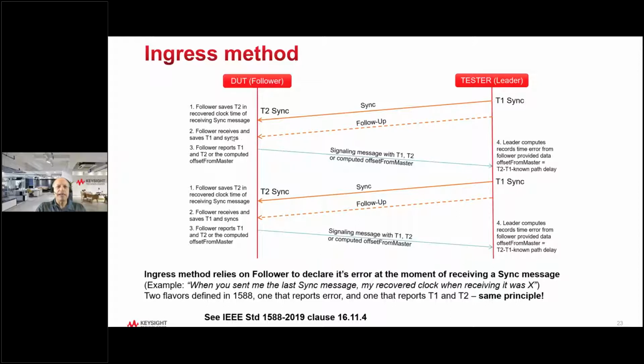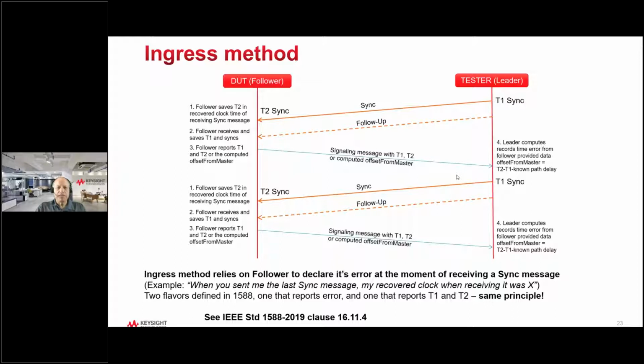And then the T1 and T2 are reported on a signaling message, or optionally the offset from the master is reported, and then either the leader or the monitor device can compute a time error.